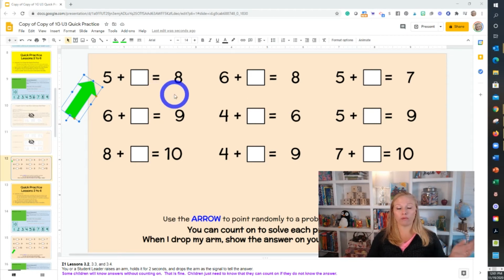I'm a fan of both because students are going to use both interchangeably, and one is more visual than the other, and of course one is more kinesthetic. So we have students who are doing counting on mentally a lot in their head. So doing it this way is going to also help them to do that, but when they see the circles, they do that one mentally. So however you want to do it, but then they'll read it, you give a signal, answer, class, let's count on together.